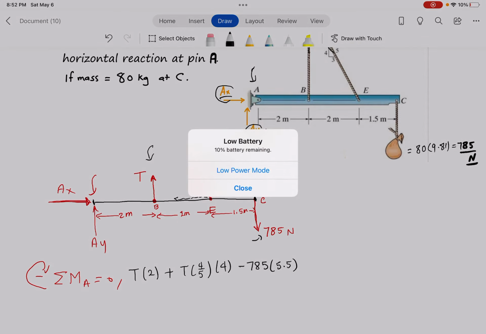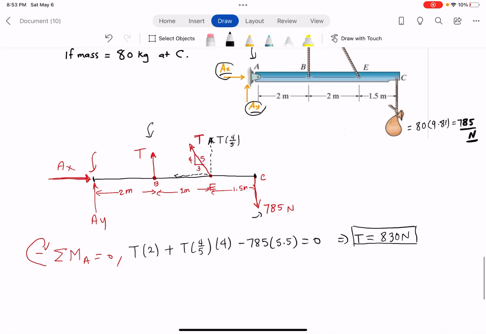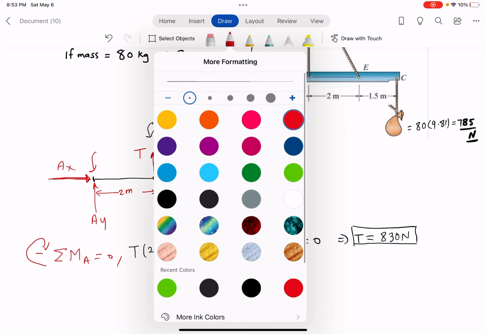The whole thing is equal to 0. So let's see, 2T, plus 4/5 times 4T, minus 785 times 5.5. Let's just plug it in. Tension is 830 newtons.